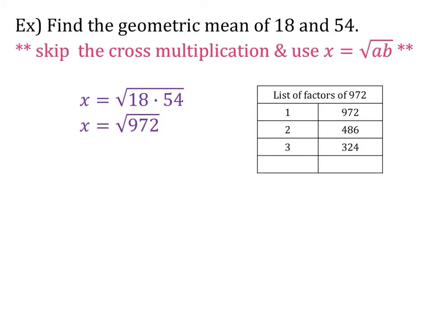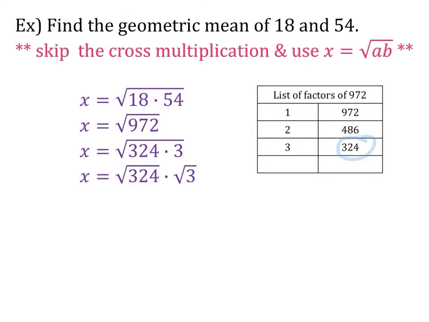You always start with 1 and itself. So 1 times 972, then go to consecutive values after that. So 2 in this case times 486, and then we get to 3 times 324. We just learned in the previous example that 324 is a perfect square. So there's where we can stop.